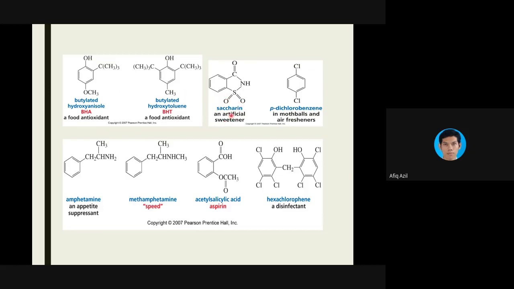Then an artificial sweetener, saccharin, okay, for those persons that are diabetic, so they cannot consume normal sugar that contains glucose, fructose, and so on. So they can use this artificial sweetener like saccharin, or sometimes now we also have this what you call as stevia.